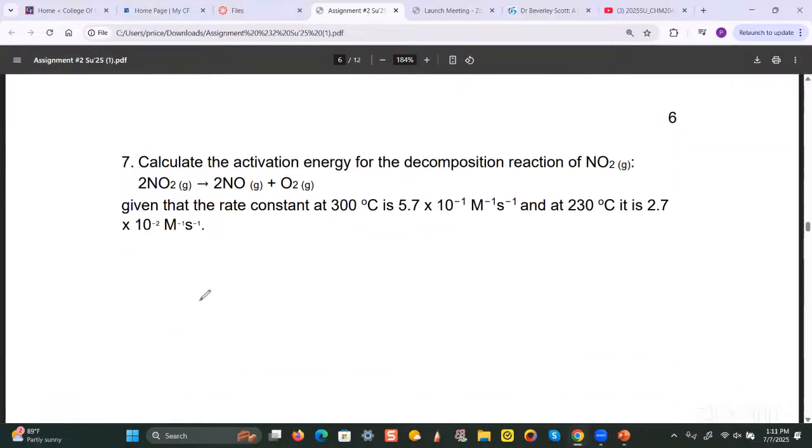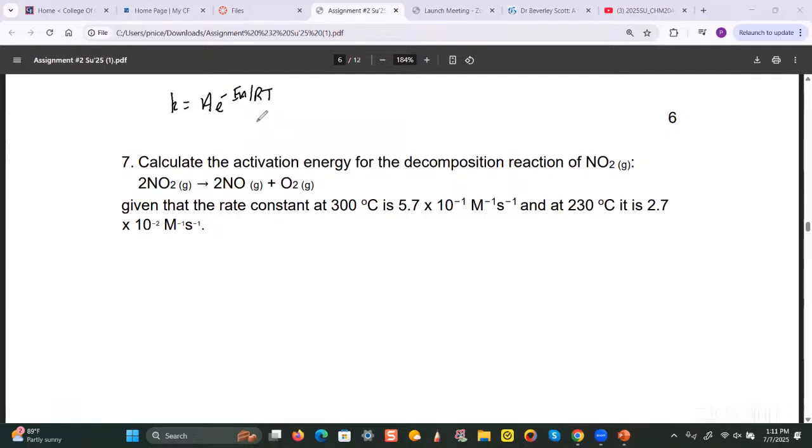Let me remind you of the equation I just showed you: k is equal to A times e to the minus EA over RT. There's another form of this equation that you can derive by taking two different temperatures and the corresponding rate constants.